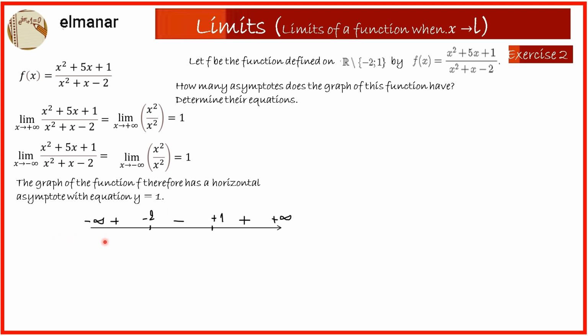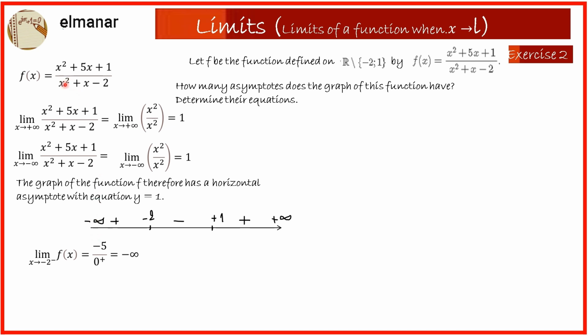Now let us study the limits near -2. The denominator is a second-degree polynomial with roots -2 and 1, so positive when x is less than -2 or greater than 1, and it is negative when x is greater than -2 and less than 1. The limit as x approaches -2 of the expression x squared plus 5 times x plus 1 is equal to -5.